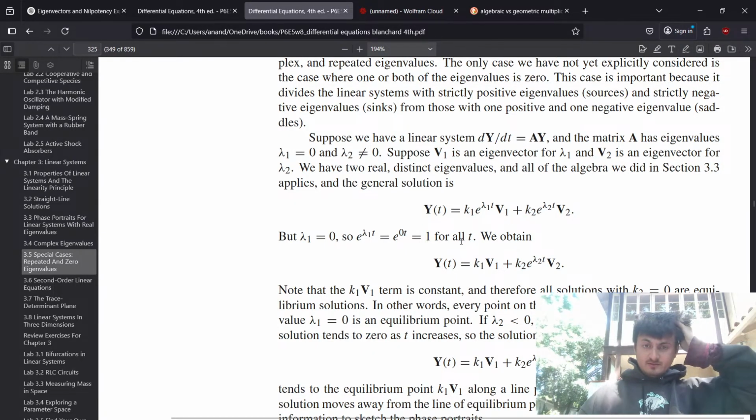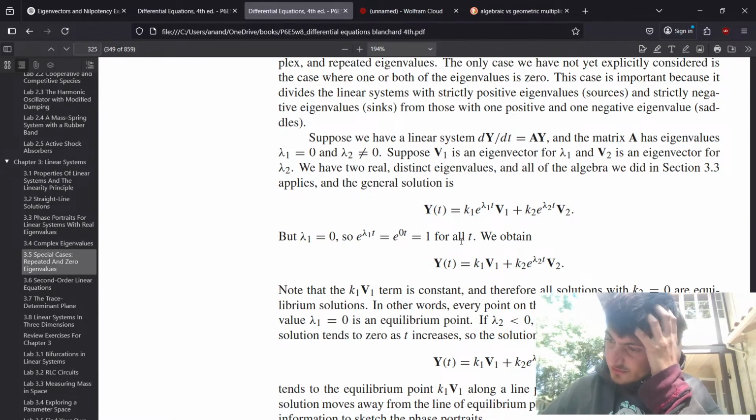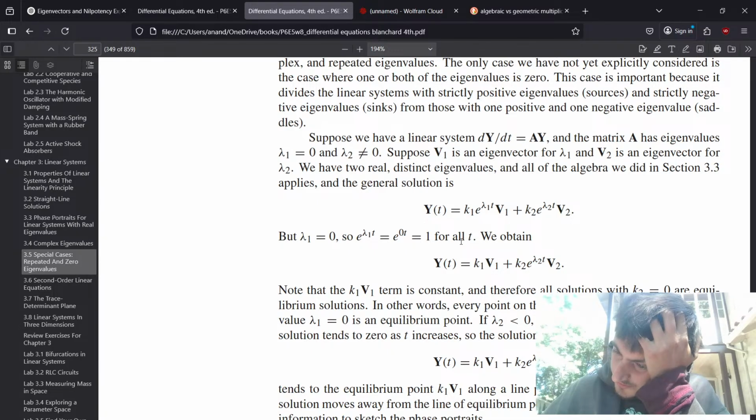Oh, wait. No. Sorry. This goes to 1. So we get k1 v1 plus k2 e to the lambda 2 t v2.